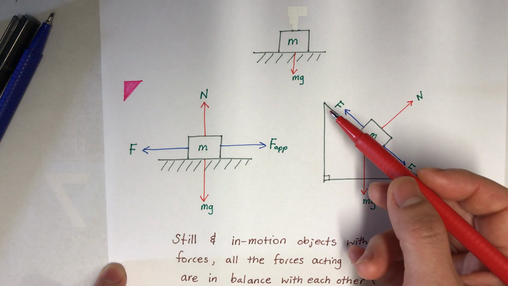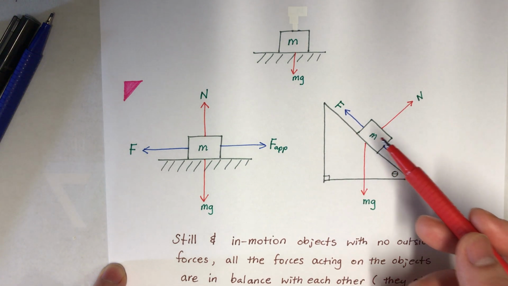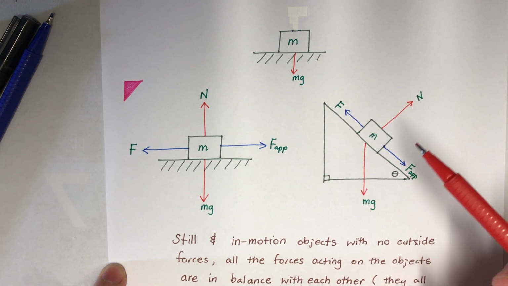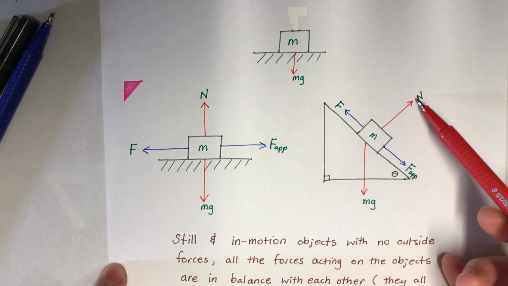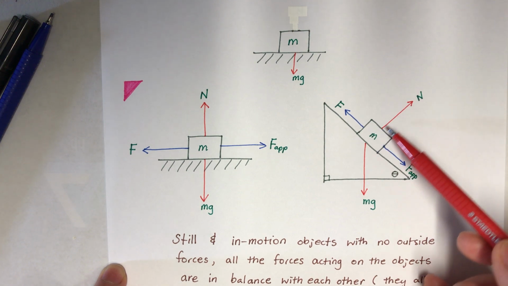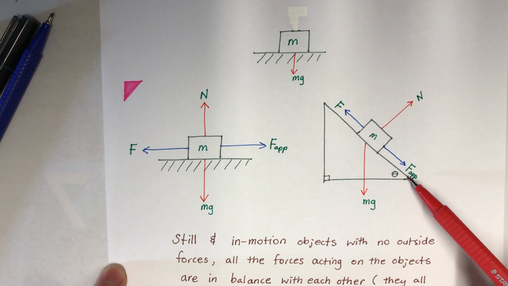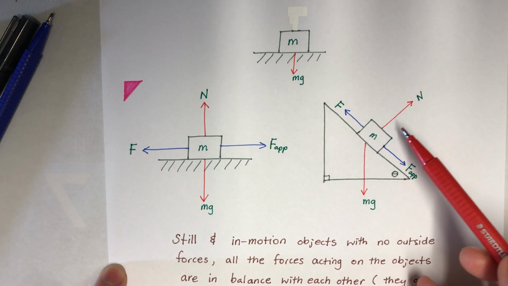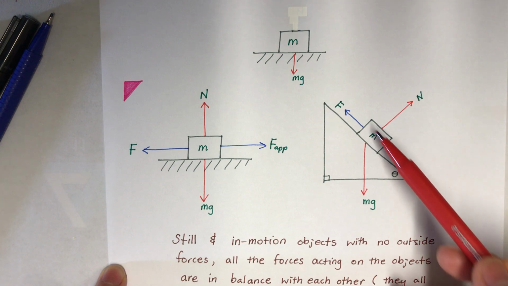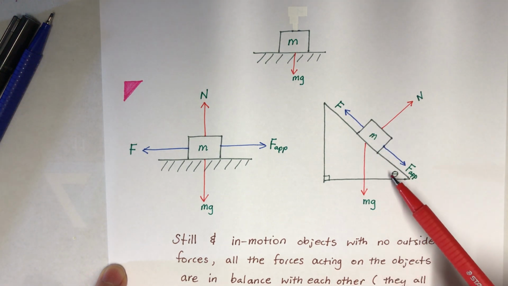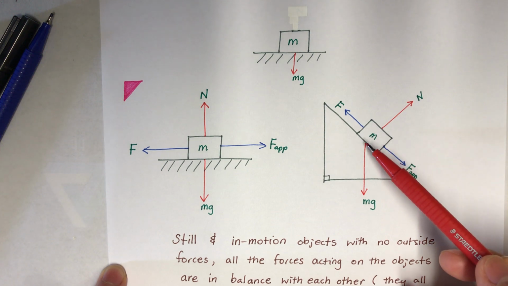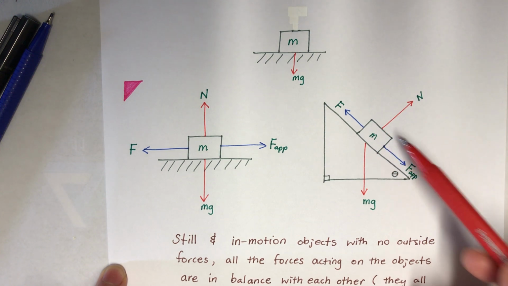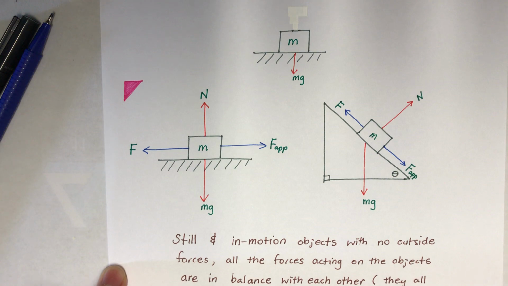If it was on an angle but still not moving, again the normal force is perpendicular to the surface, and the mg is straight down. And then that's applied, and that's my friction, but now it has something to do with the angles, and you need to form some right angle triangles to get all the forces on the object.